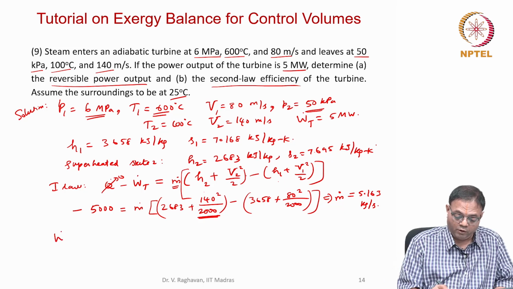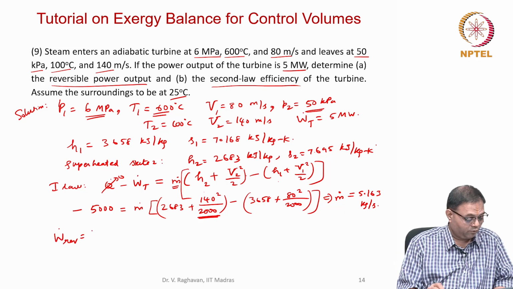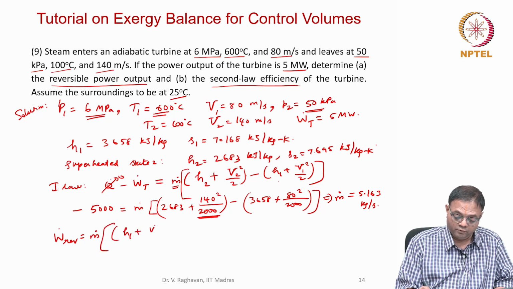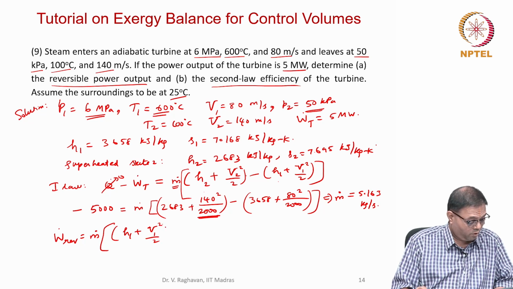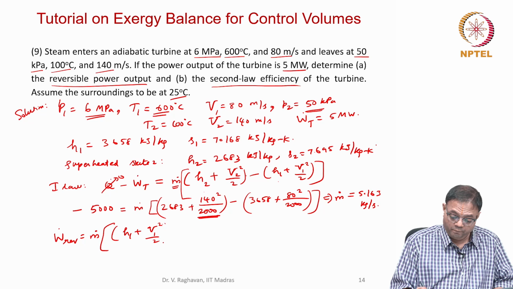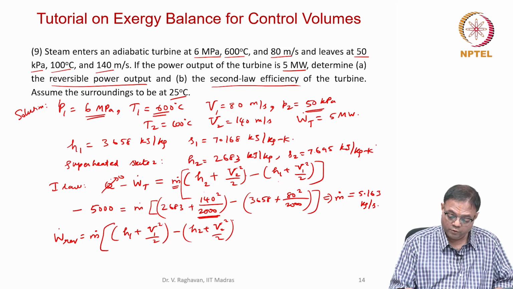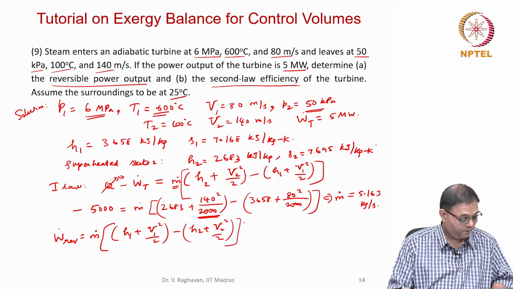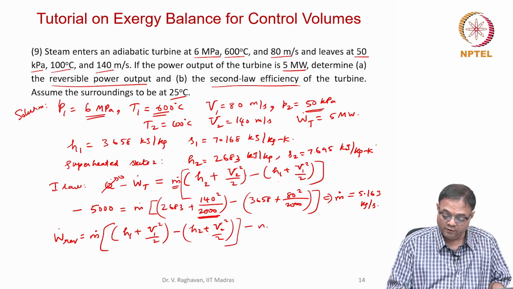Now reversible work can be calculated as m dot into (H1 plus V1 square by 2) minus (H2 plus V2 square by 2), then minus m dot into T naught into (S1 minus S2).